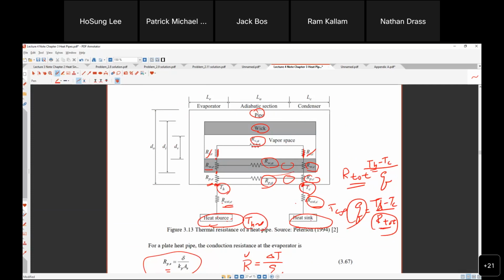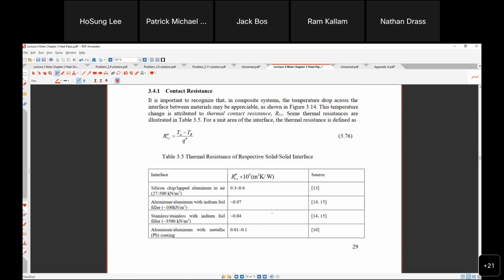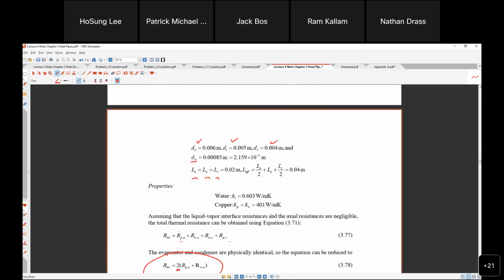So this is infinity fluid. So we are interested in the surface temperature, T_HC. Okay. So the total is going to be, if you include, you have to include the external.